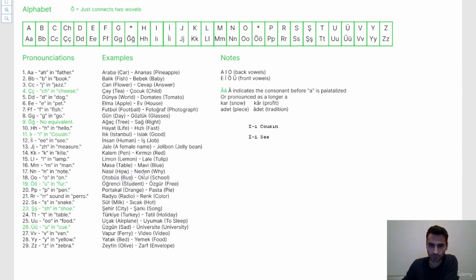O is like in on: otobüs, okul. Otobüs, bus. Okul, school. Ö is like in fur. Öğrenci, özgür. This is also new, like O with dots. O, Ö: on, fur. Easy. P: pen, perro.